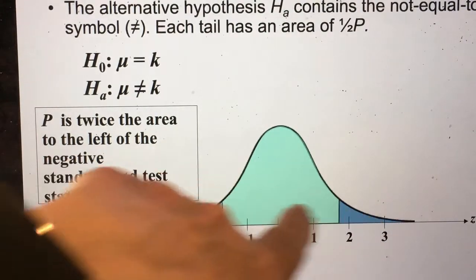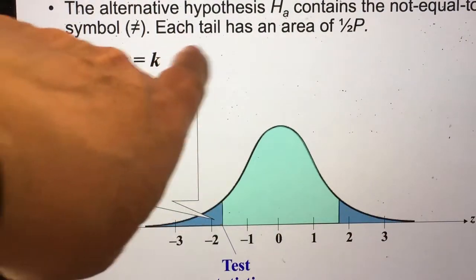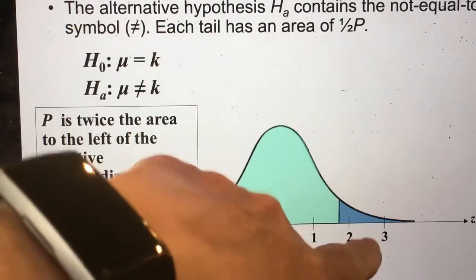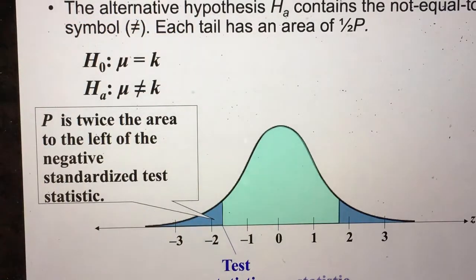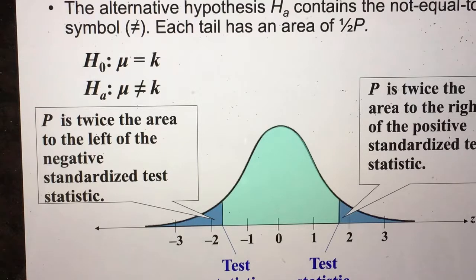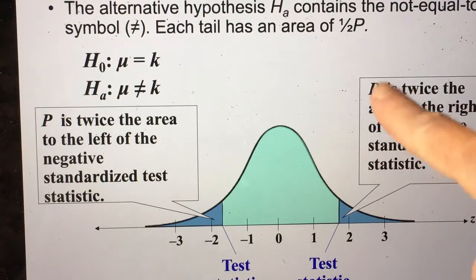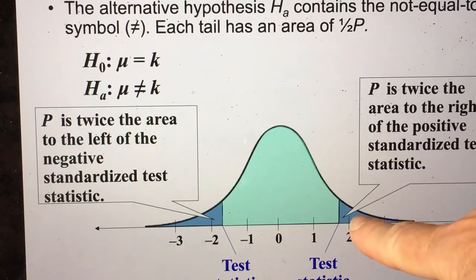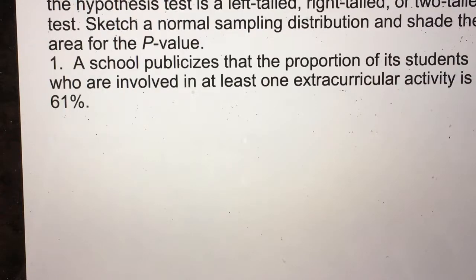Okay, so we split the alpha in half. Each tail has an area of 1/2 P. Okay, P is twice the area to the right. Okay, so we're going to talk about when do we double the P, and we only double the P value when we are having a two-tailed test, and we'll see more of that later.